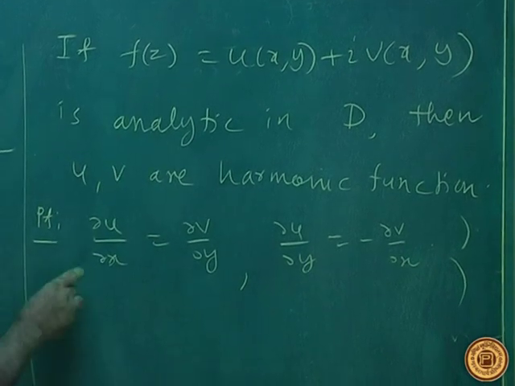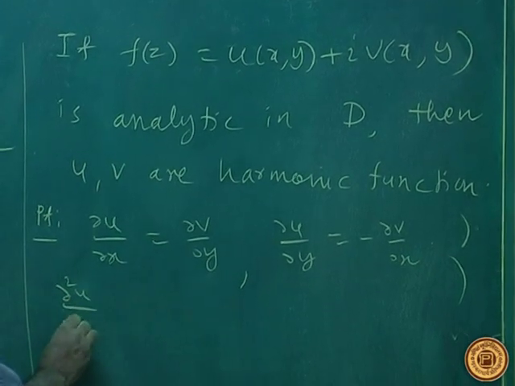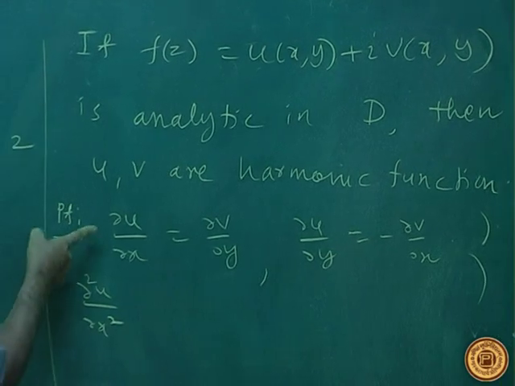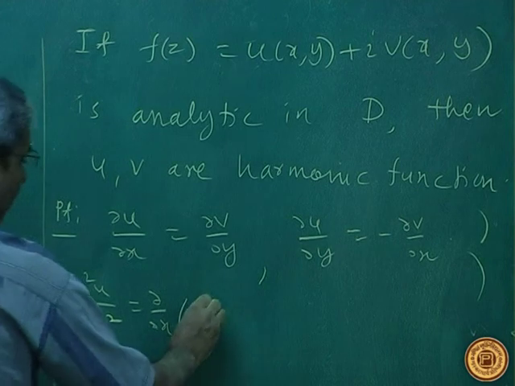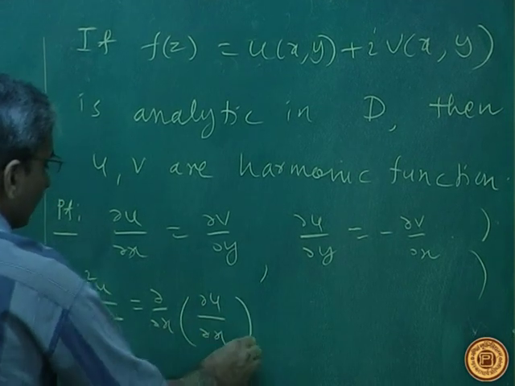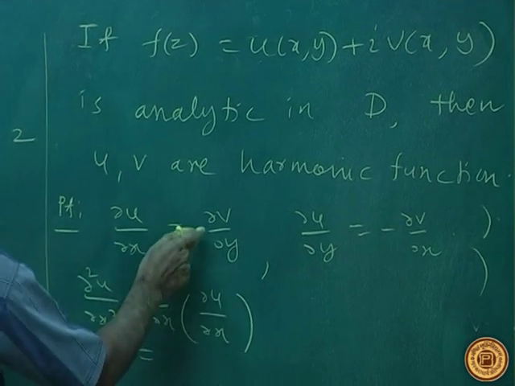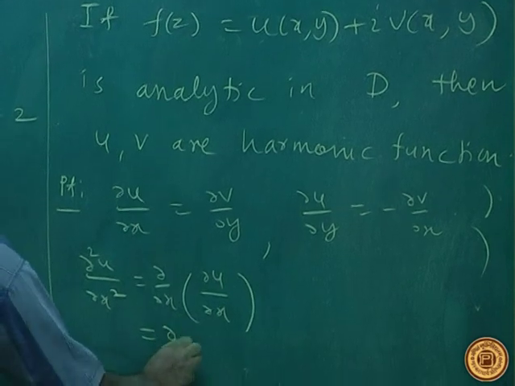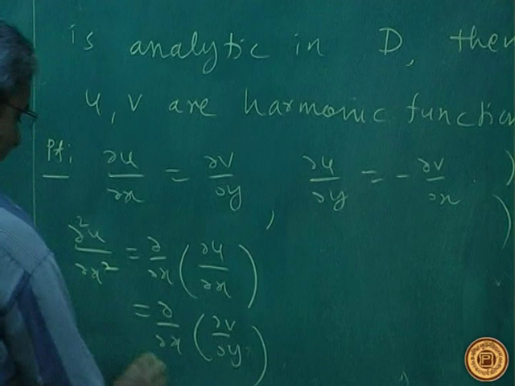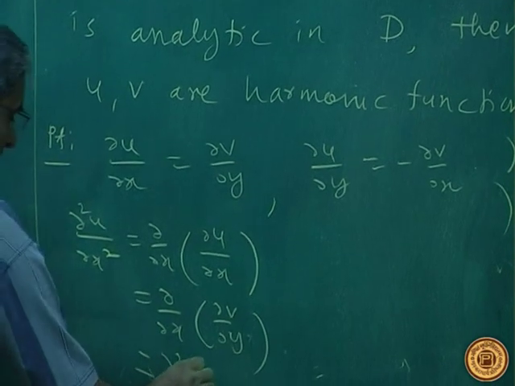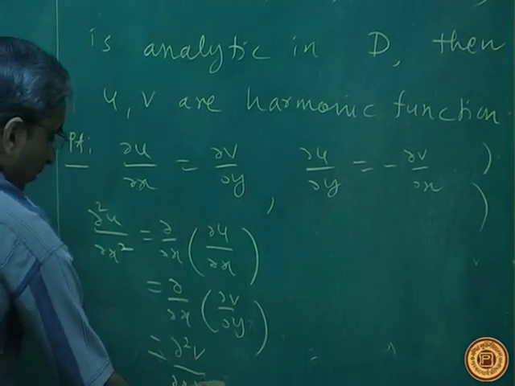Now if I find d2u by dx square, that means d/dx of du/dx, but that is what? d/dx of dv/dy. So that is d2v by dx dy on one hand.